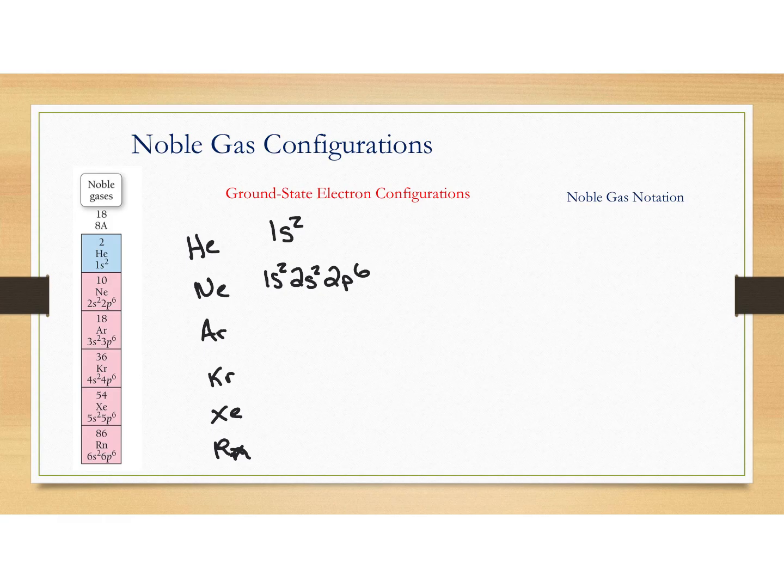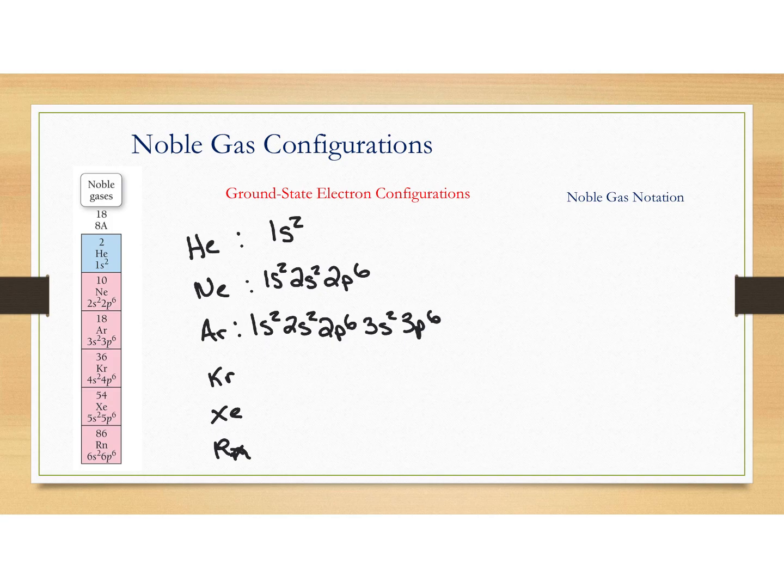The electron configuration for argon is 1s2, 2s2, 2p6, 3s2, 3p6.